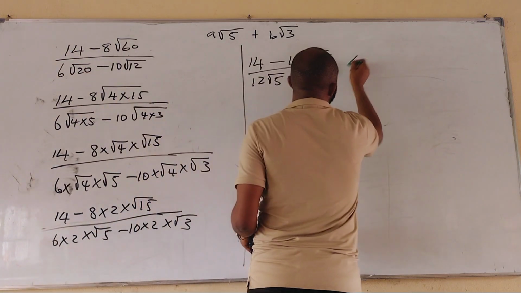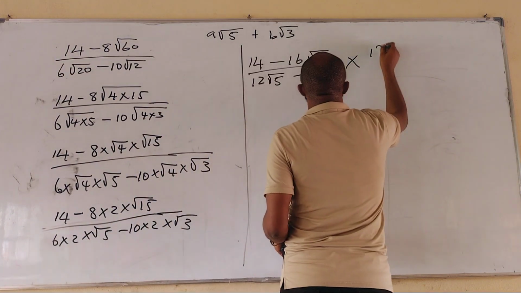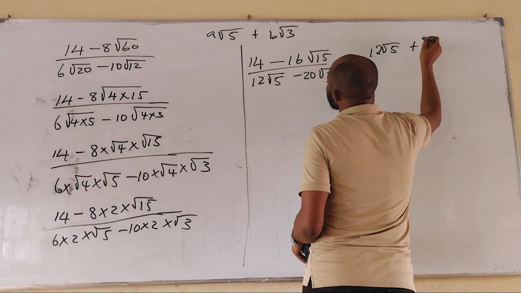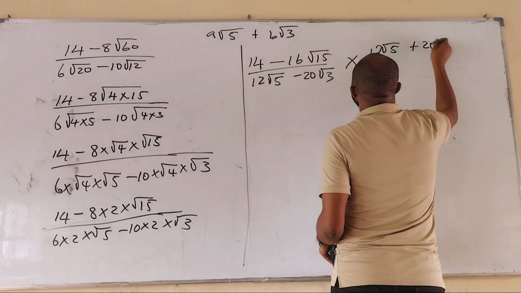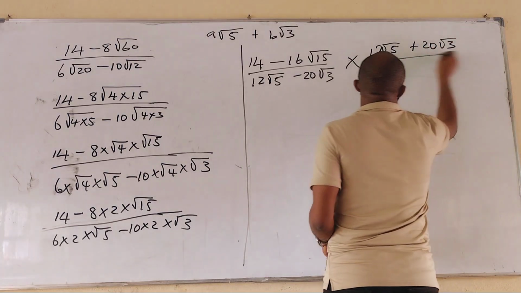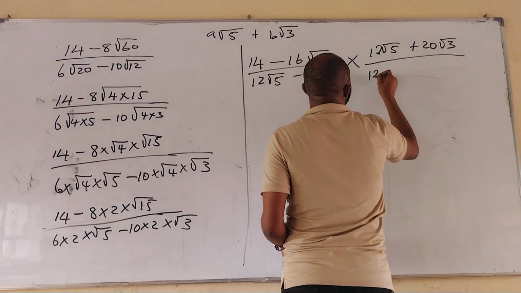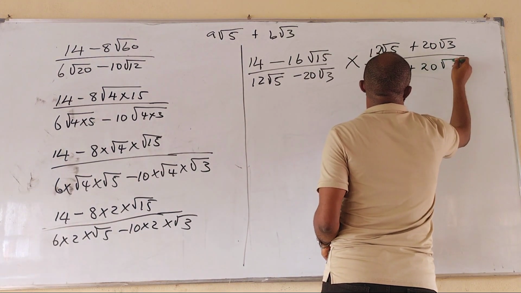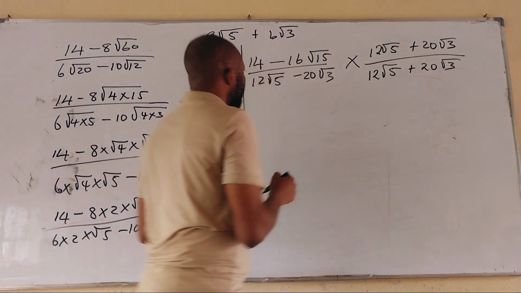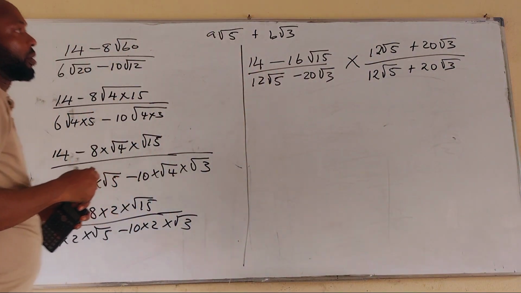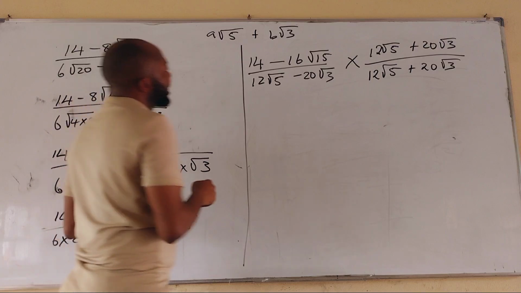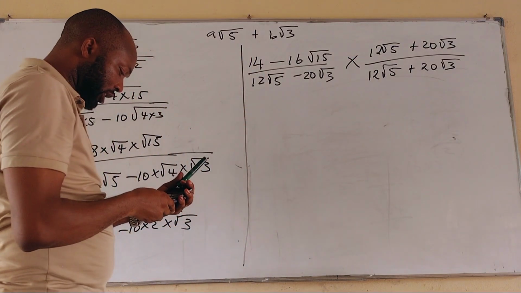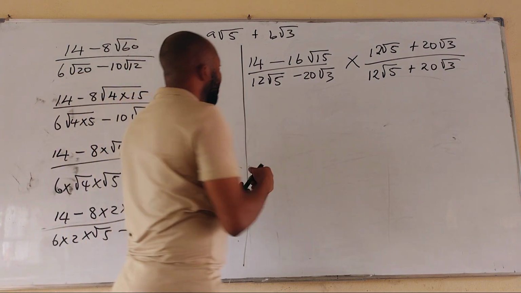So now, rationalizing, I have 12 root 5 plus 20 root 3 over 12 root 5 plus 20 root 3. Now, 14 times 12, I want to multiply. 14 times 12 will give me 168.